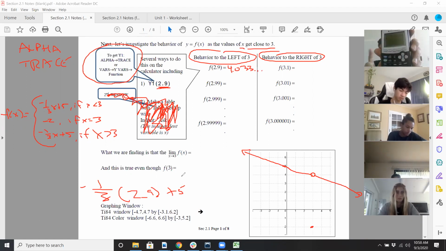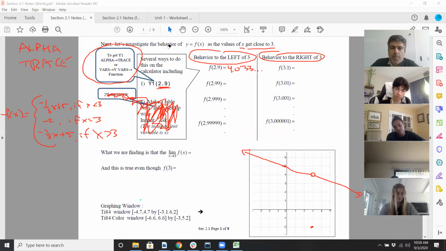Just do alpha trace. Once you've done it once, you have this right here. I can then just repeat my previous entry. To repeat previous entries, hit second enter.